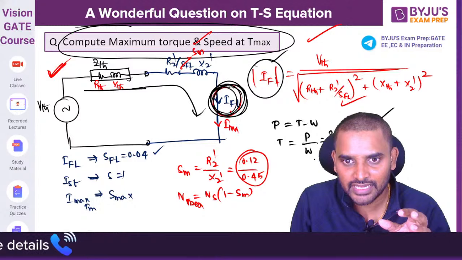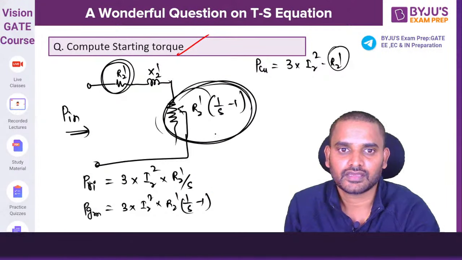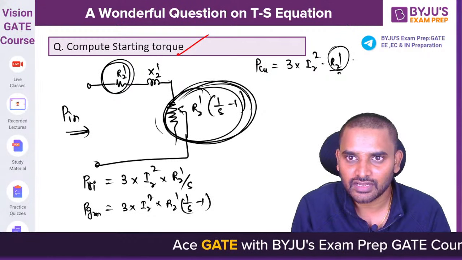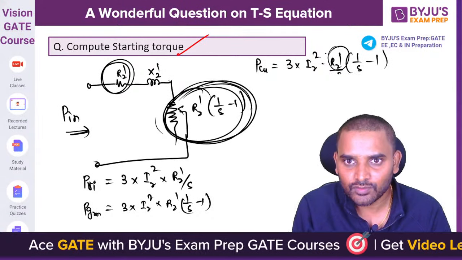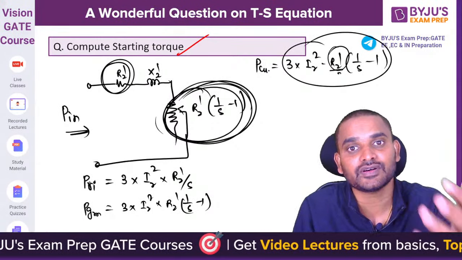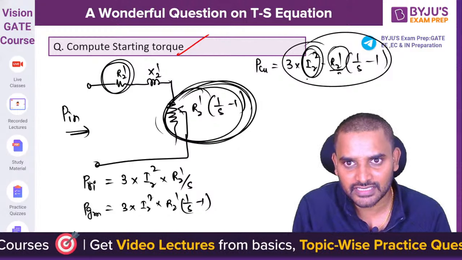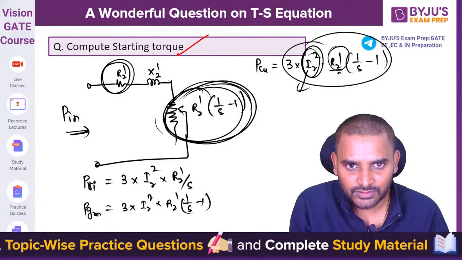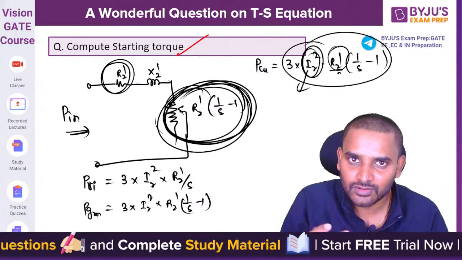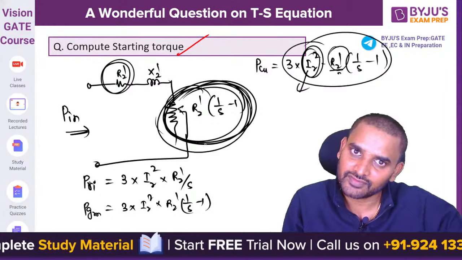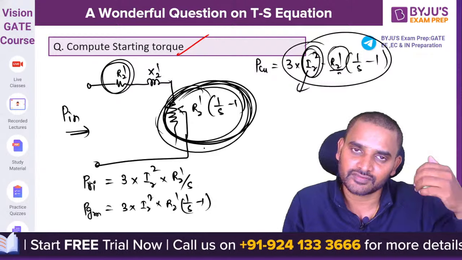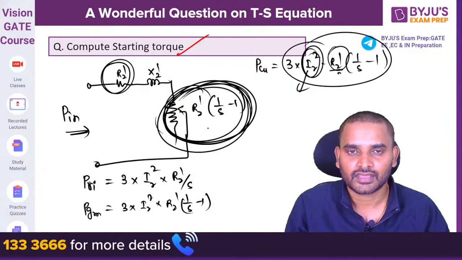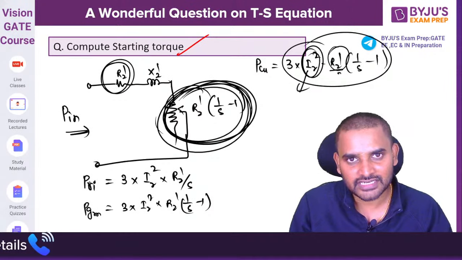If you consider R2 dash of 1 by S minus 1, then what is this power component? This is the gross power. By considering the current corresponding to the gross power, I am trying to calculate the torque developed in the rotor circuit only, with the help of current taken by considering all the stator parameters. Torque developed in the rotor circuit only we are finding.